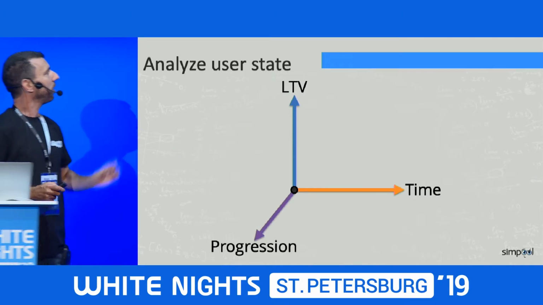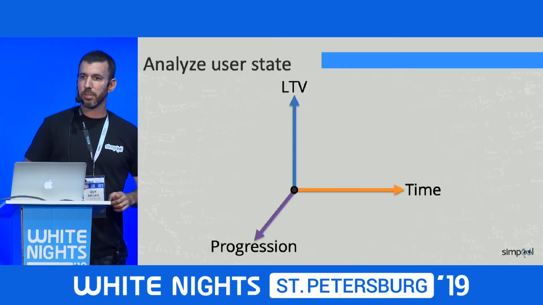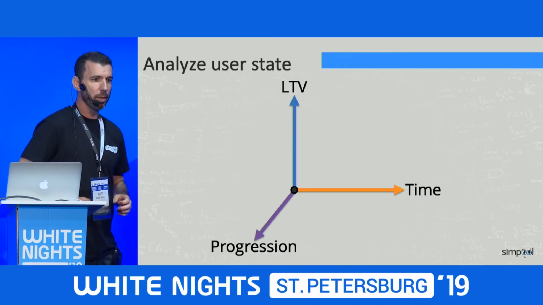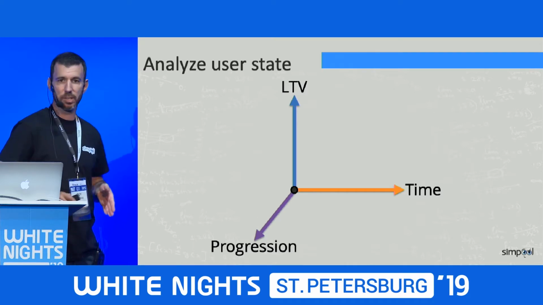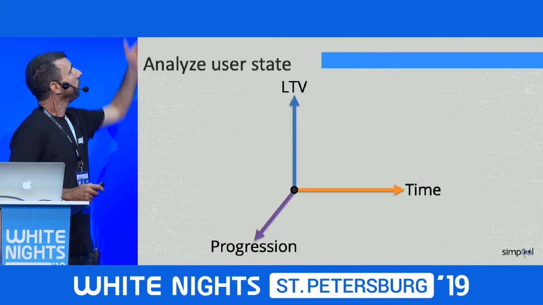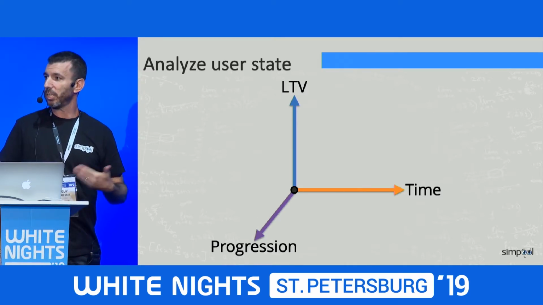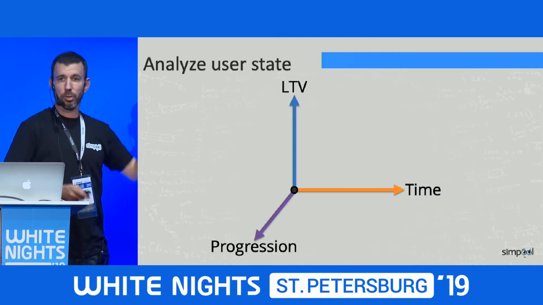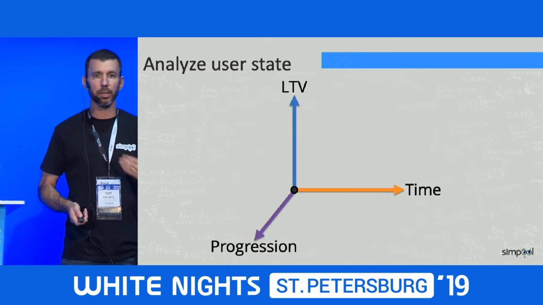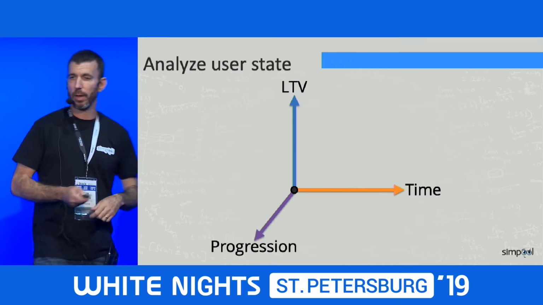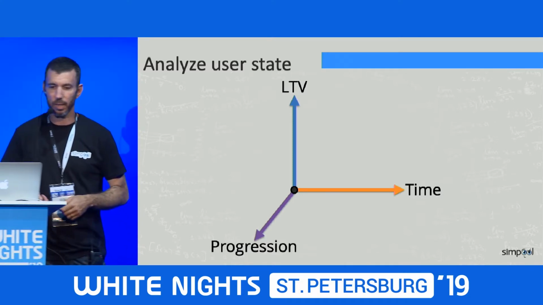Okay? One of the basic elements that we use in the algorithm is a three-dimensional progress. Bear in mind that users can progress in each one of them. A user can progress in its monetization aspects, in its LTV. It can progress in time, how much time and how good we are at retaining users, and how far they are progressing inside a game.